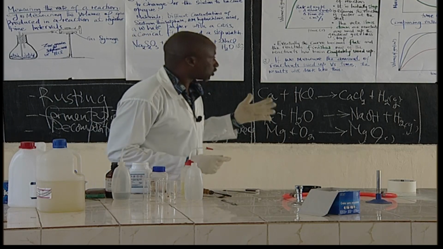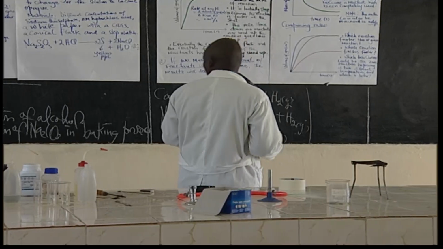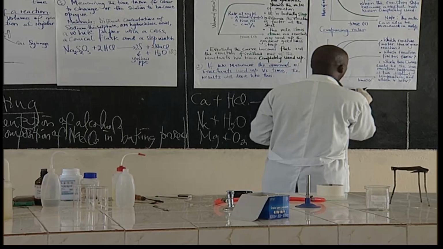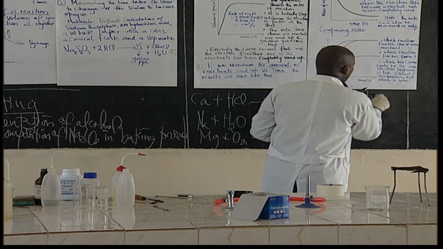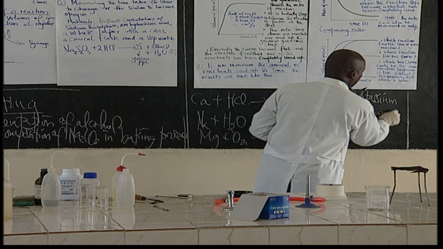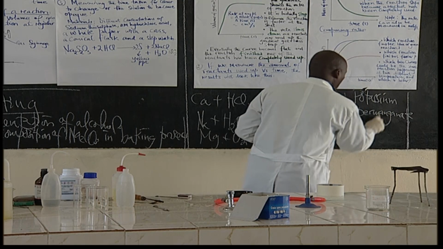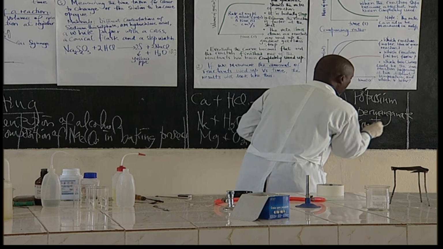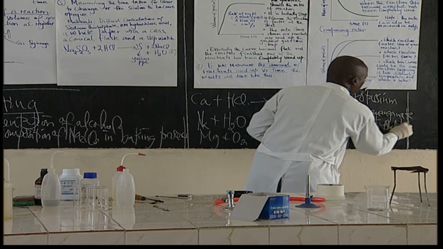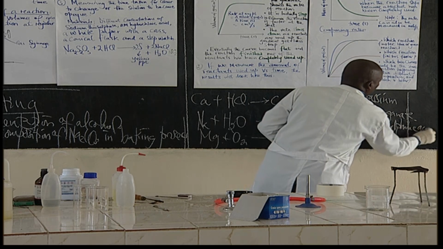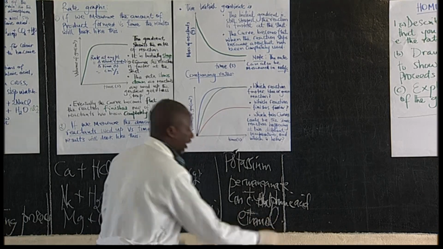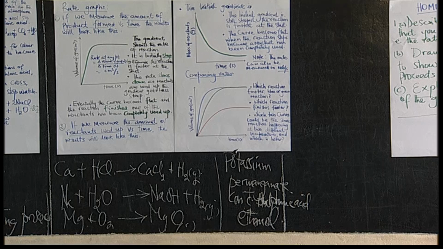So we have to make sure we avoid those explosion experiments as much as possible. Where we had potassium permanganate reacting with concentrated sulfuric acid, plus ethanol, that reaction explodes as we have seen.